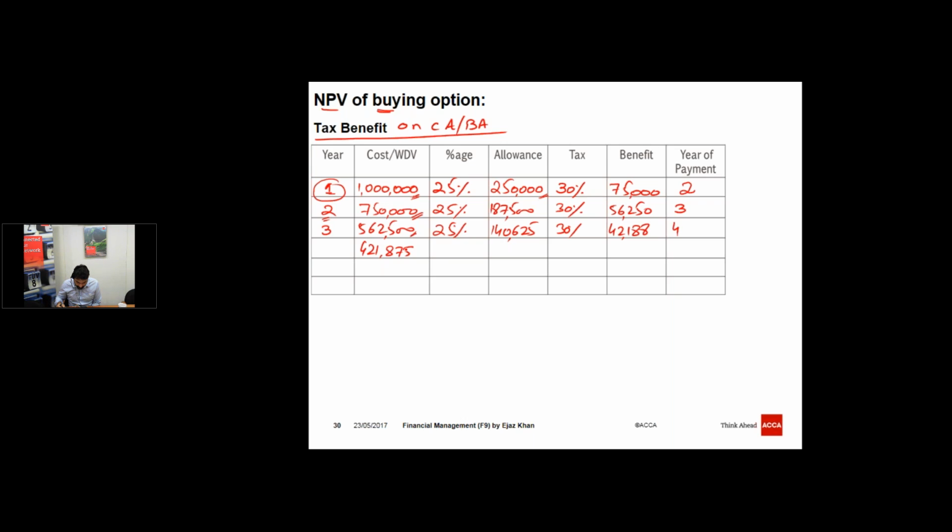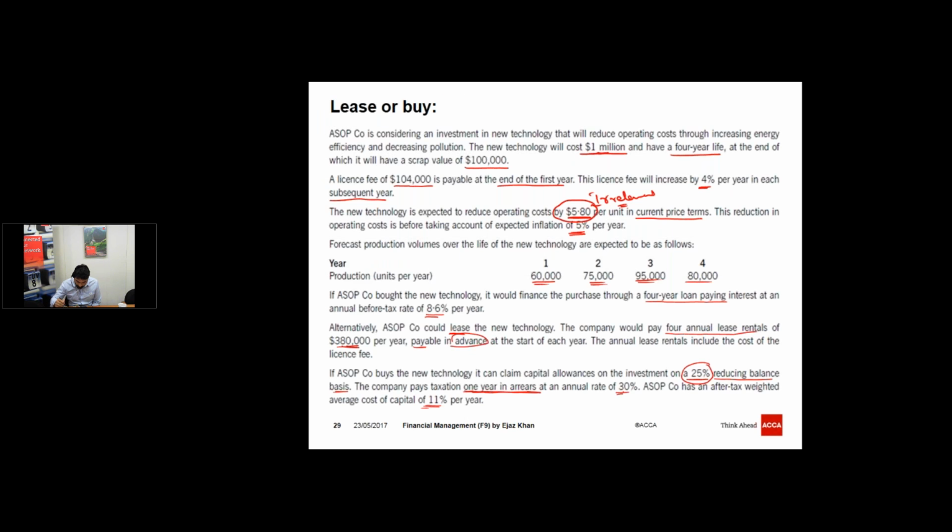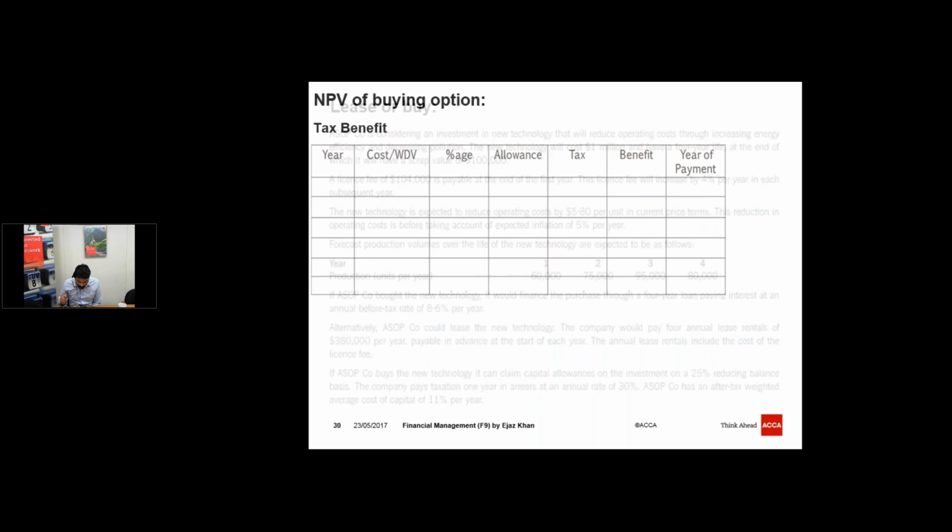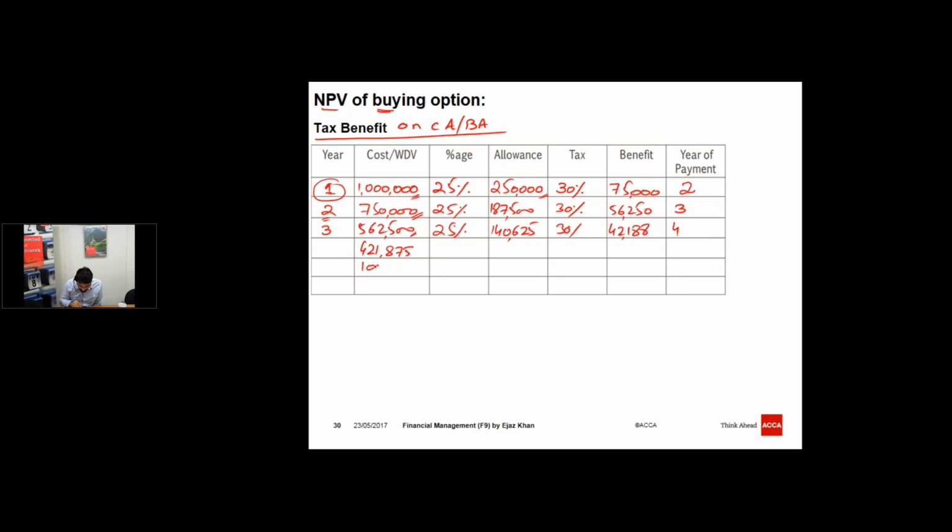But since we know the asset will be sold for $1 lakh, it means we will cover $1 lakh of this unclaimed cost of asset by selling the asset. So we will be left with $321,875 of unclaimed cost of asset.